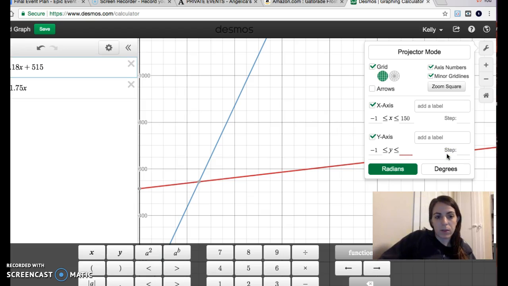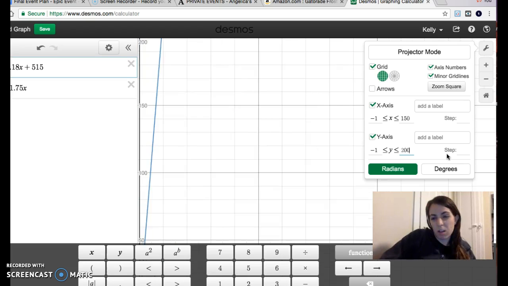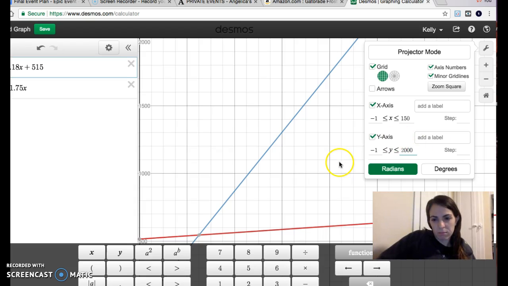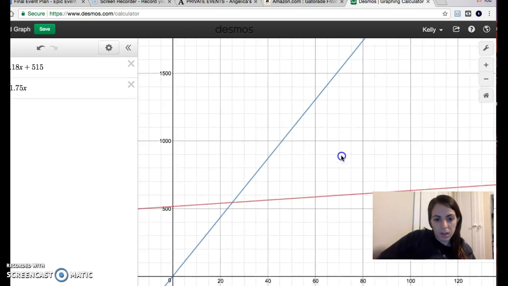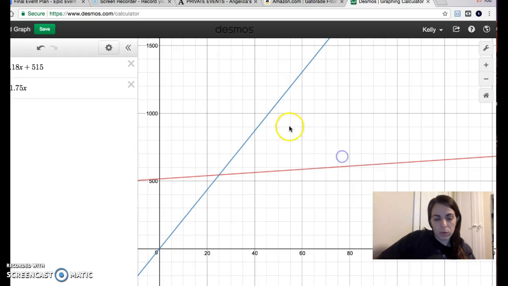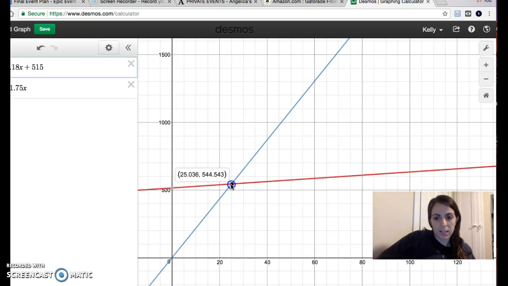And my y value, let's do, I don't know, $2,000. You don't have to do that exactly, but I just wanted to show you that you can adjust your axes.